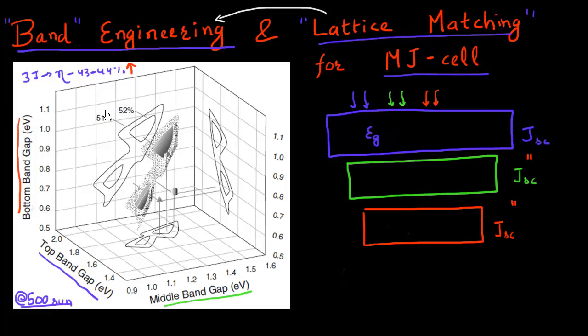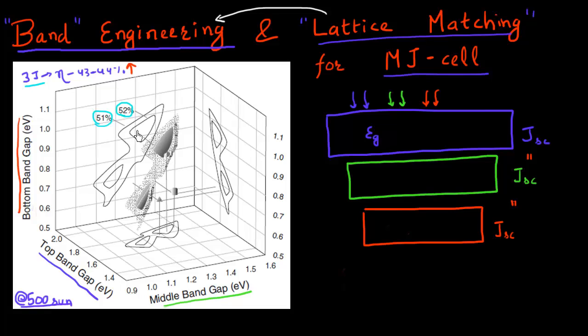If I do that, then I'm happy to note that I can achieve efficiencies of more than 50% using this three-junction cell. And I've made the assumption that I can extract each of these absorbed photons as an electron-hole pair. So I've ignored recombination mechanisms in this analysis.